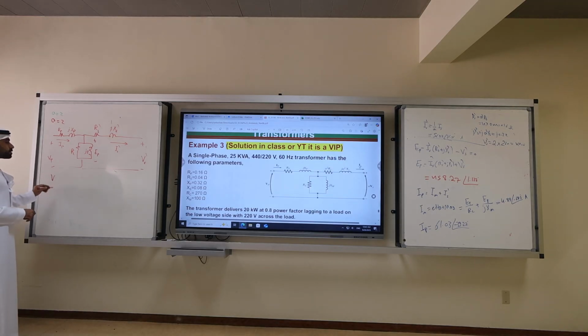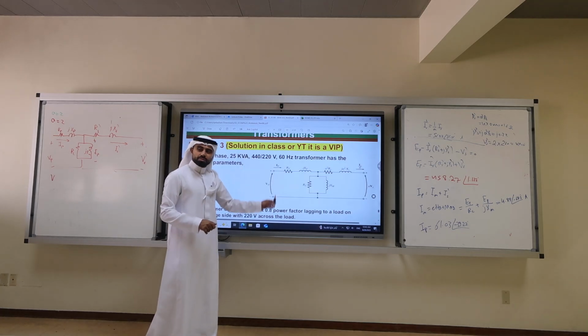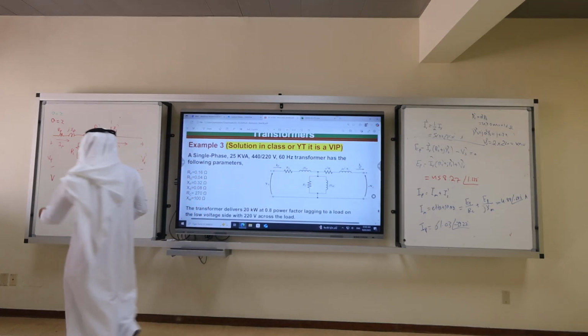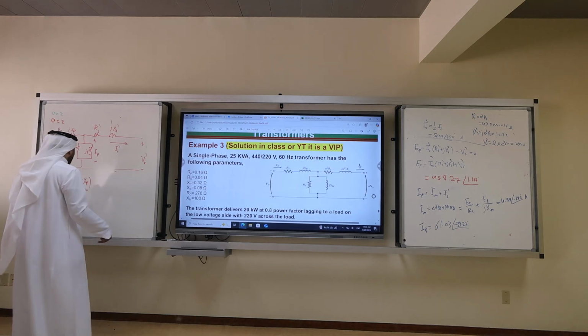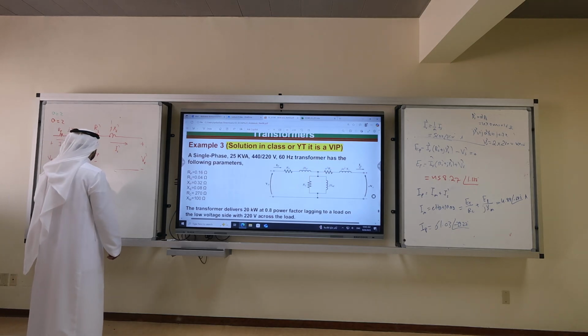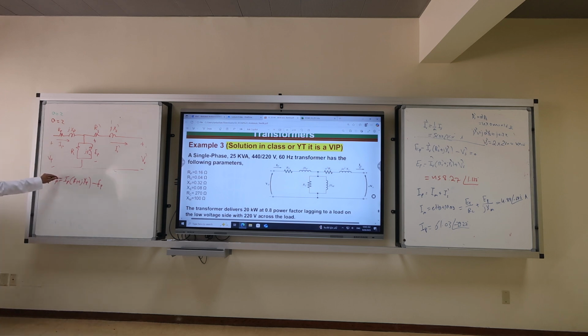What is VP? Voltage rise or voltage drop? Rise. Always start with voltage rise. Minus IP times RP plus JXP minus EP. A smart student would change this negative to an equal and make this a plus.